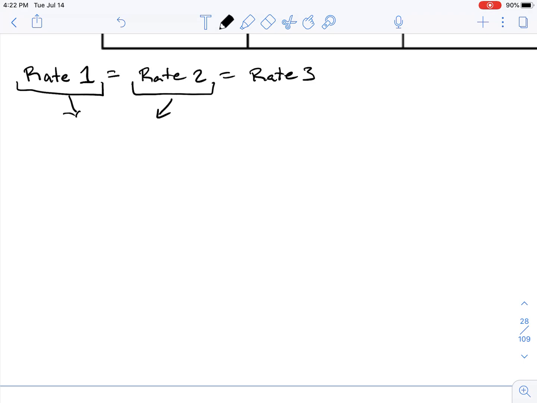And when we're writing these two trials as a ratio, we can write it as the rate of reaction for trial 1 over the rate of reaction for trial 2. Now, it doesn't have to be set up this way. If you want to put 2 at the top and 1 at the bottom, you'll still get the same answer. Just for consistency, I'm going to put rate of trial 1 at the top and rate of trial 2 at the bottom.